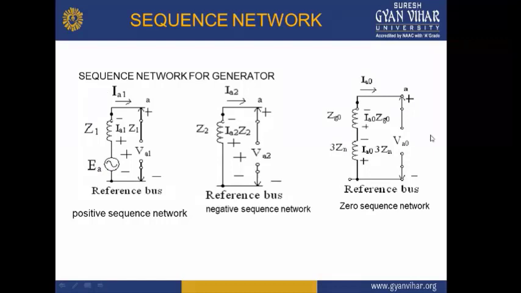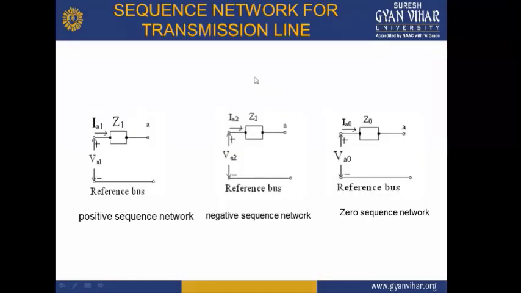Look at this. This is a sequence network for a transmission line. We do not have any induced EMFs in the transmission lines. That's why the positive, negative, and zero sequence networks will not contain any induced EMF component.